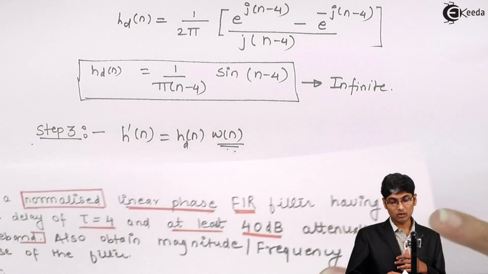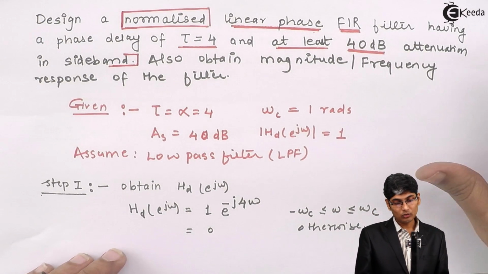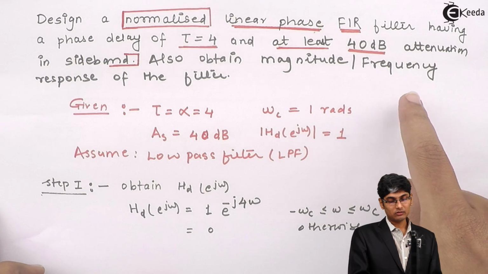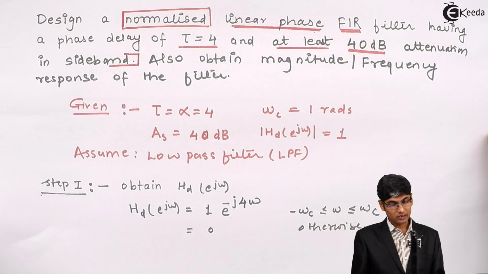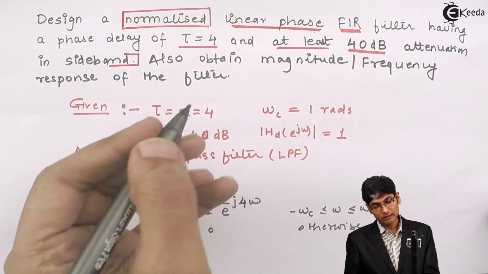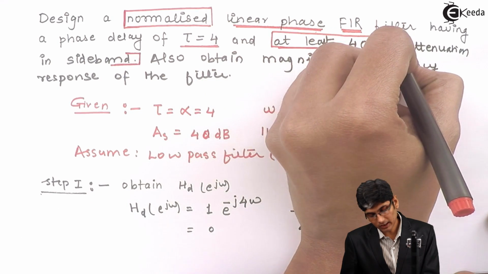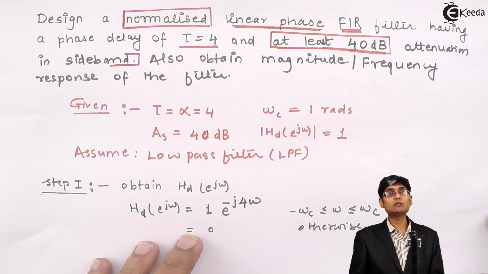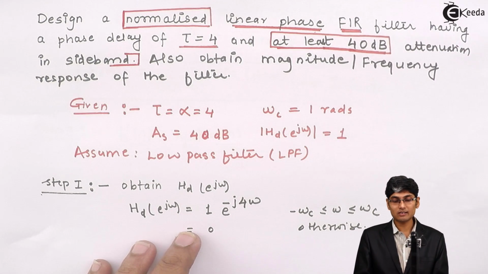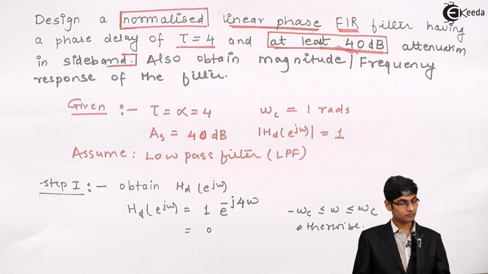Let us go back to our problem. Now in the problem, we don't find anywhere which window is to be used, but we will focus on this point to design or select a window, that is, at least 40 dB of attenuation in the sideband is required. The number is given as 40 dB.